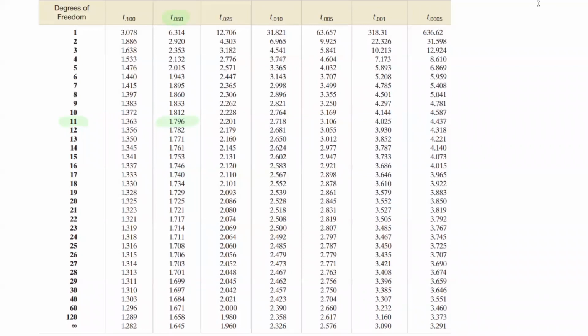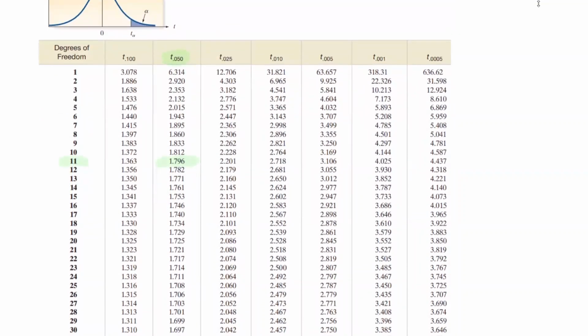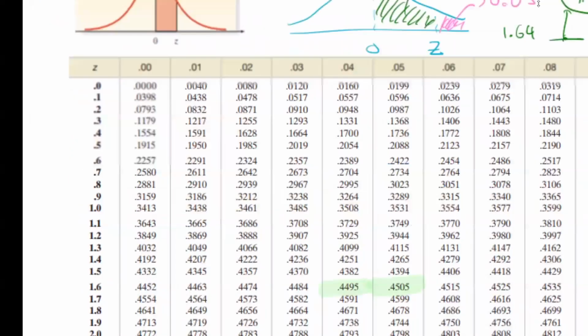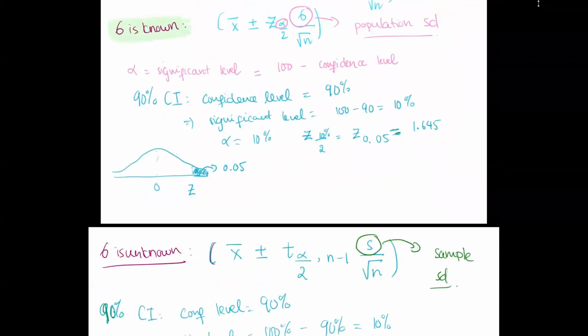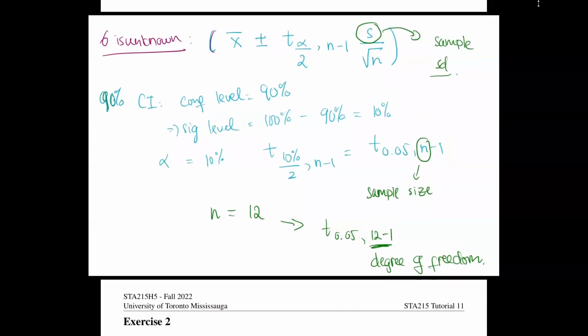You might find this table is easier to read than Z because it's really self-descriptive, it tells you everything that you need. So the value is 1.796.